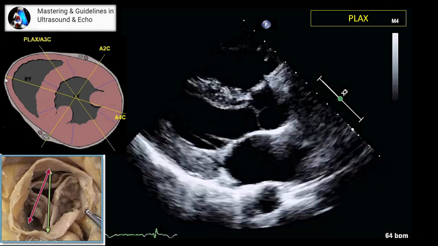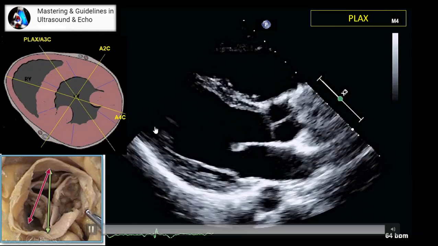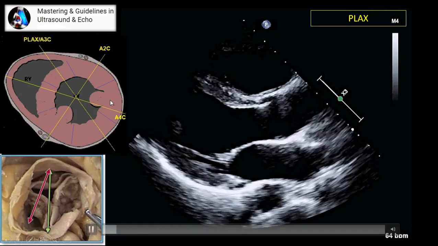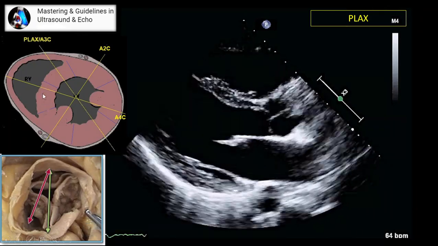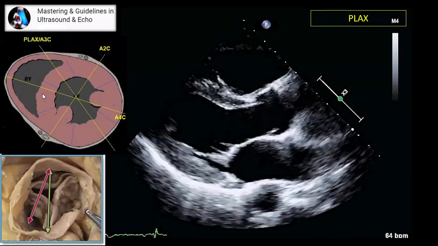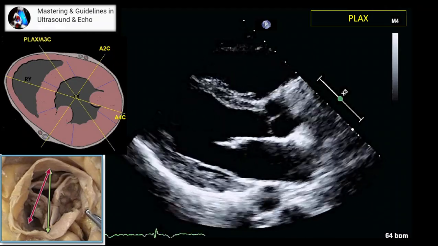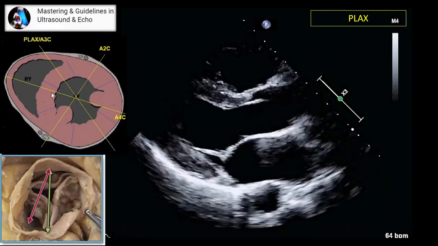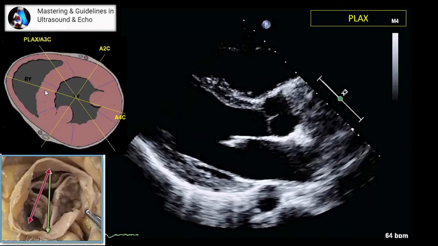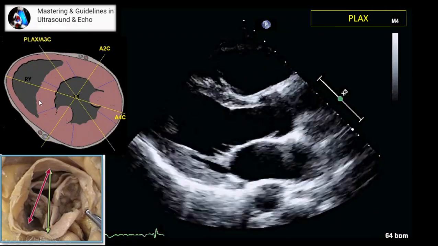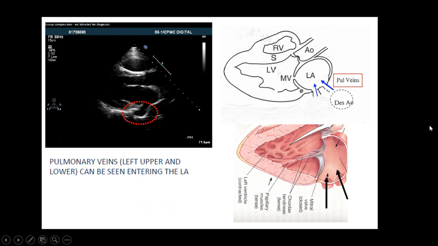In apical 4, our plane passes through this line, so through the anterolateral and posteroseptal wall. In most people, when they say septum, they mean the apical 4 chamber view, and the septal will be the posteroseptal wall. Just keep in mind these little differences.